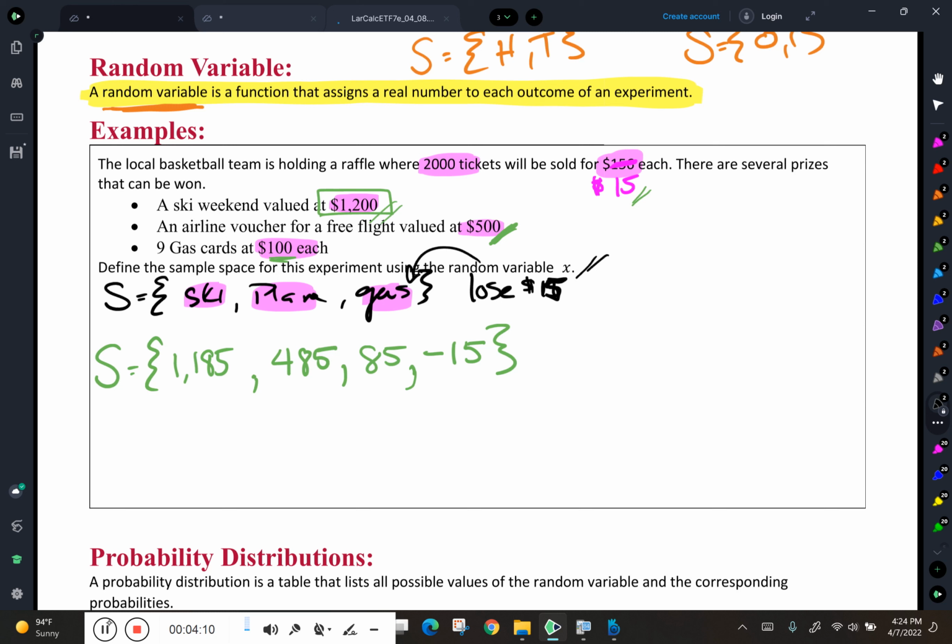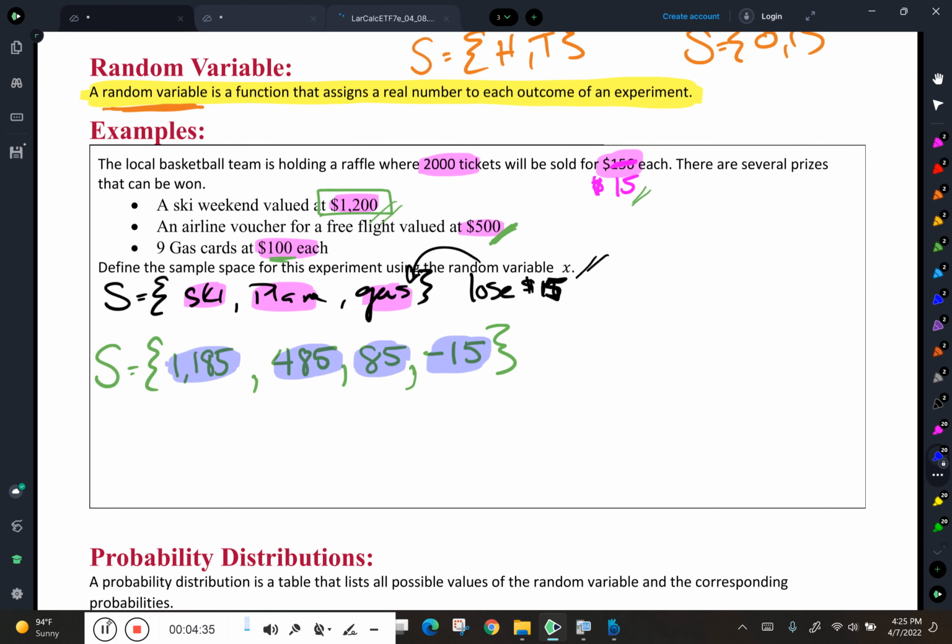And so this would be our sample space for our probability experiment of buying a raffle ticket using a random variable. There are four possible outcomes. I could win $1,185, I could win $485, I could win just $85, or I could lose my money.